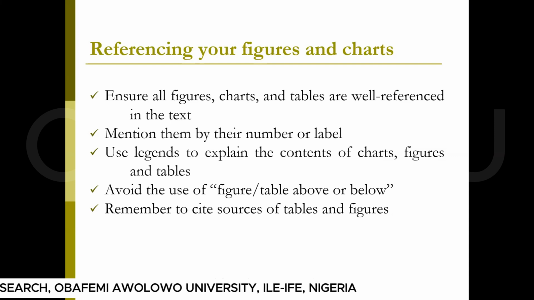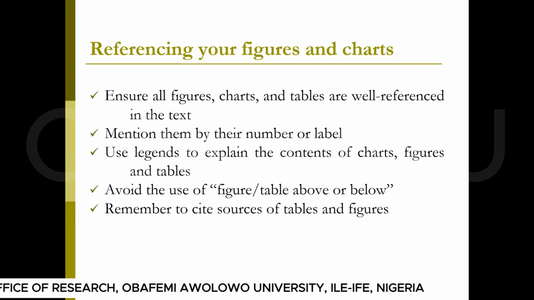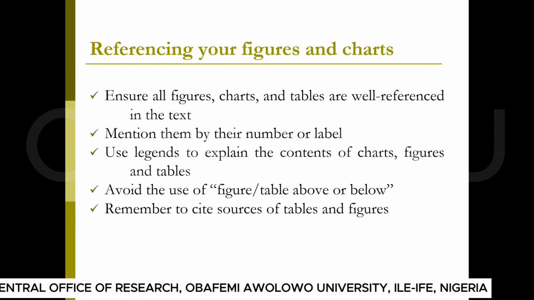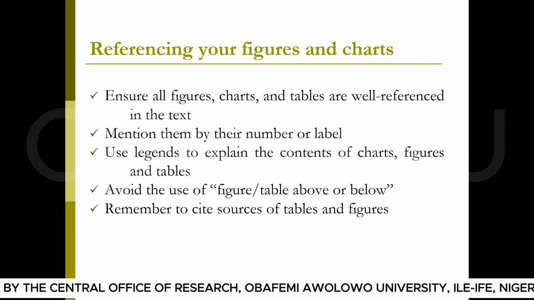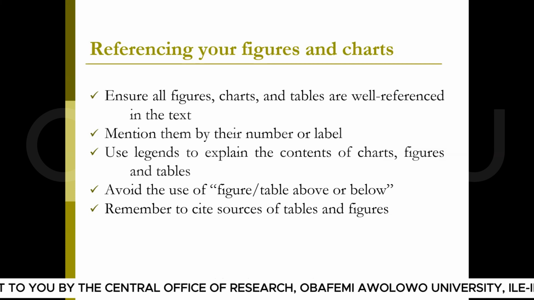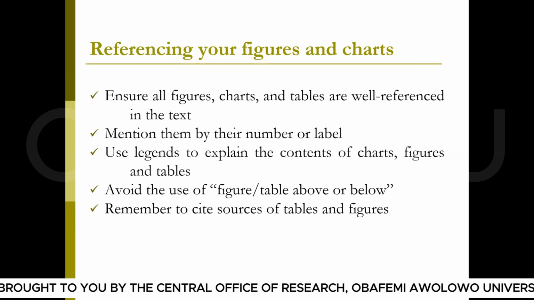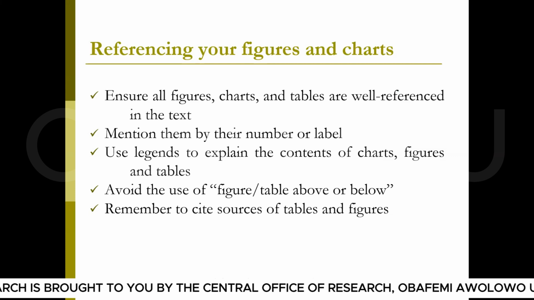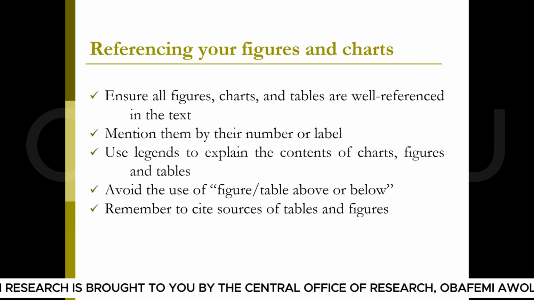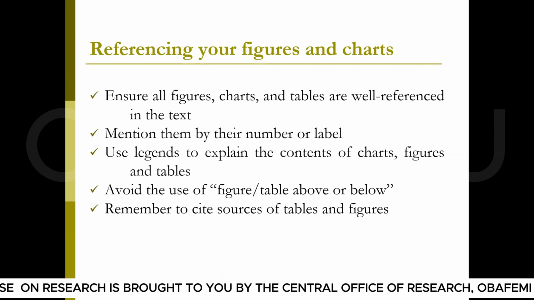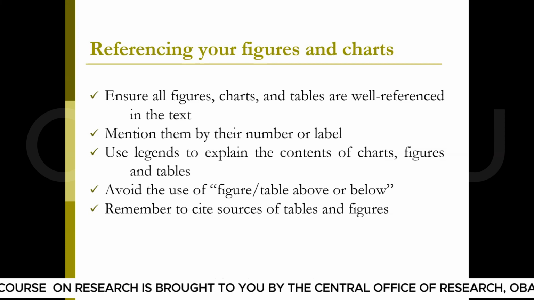So the best way is to ensure that you reference them well, and one way to reference your charts and figures well is to mention them by their number, and this number must be sequential, must be logical. If, for example, the first table you have is on social demographics, label it Table 1, social demographics.